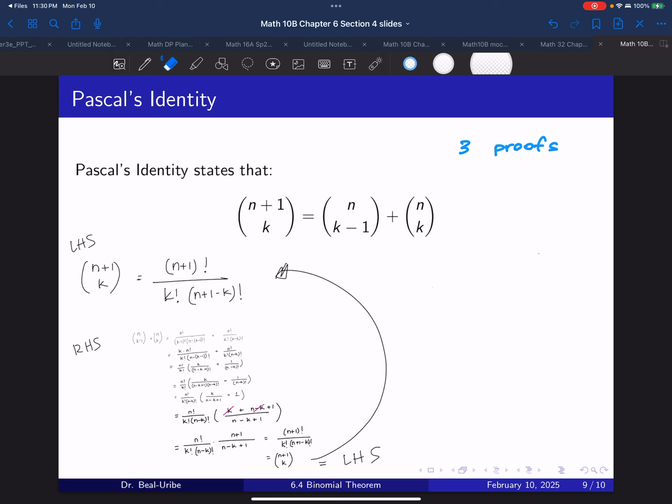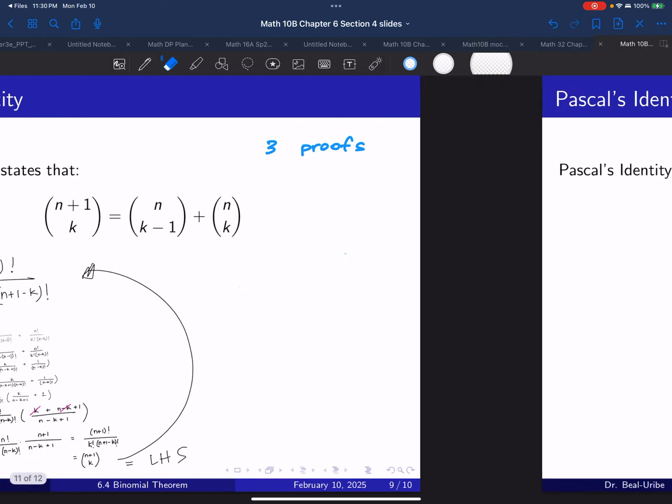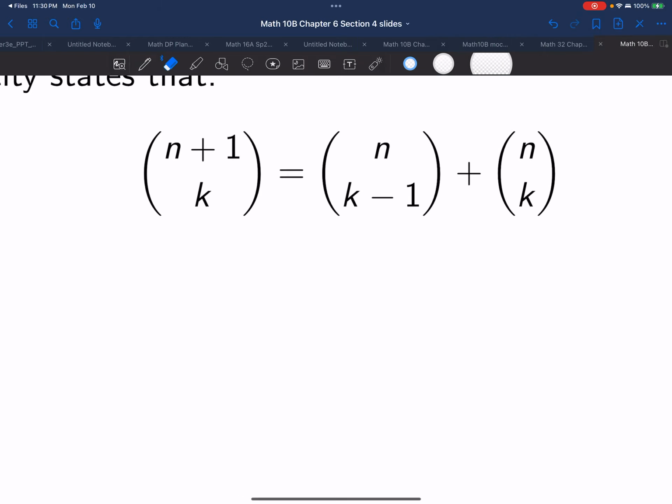Another proof is going to be combinatoric in nature, which means, what does it mean when we say that a proof is a combinatorial proof? It means that the proof is going to show how something is true based on counting, okay?